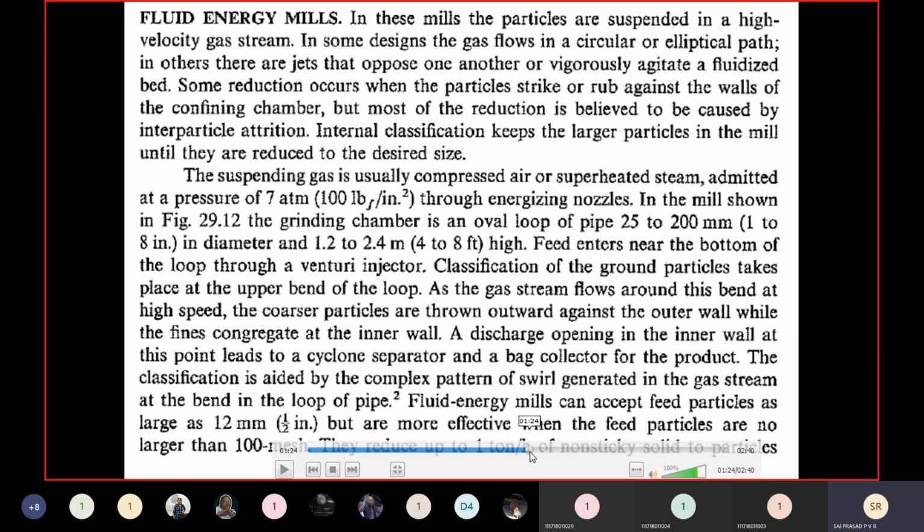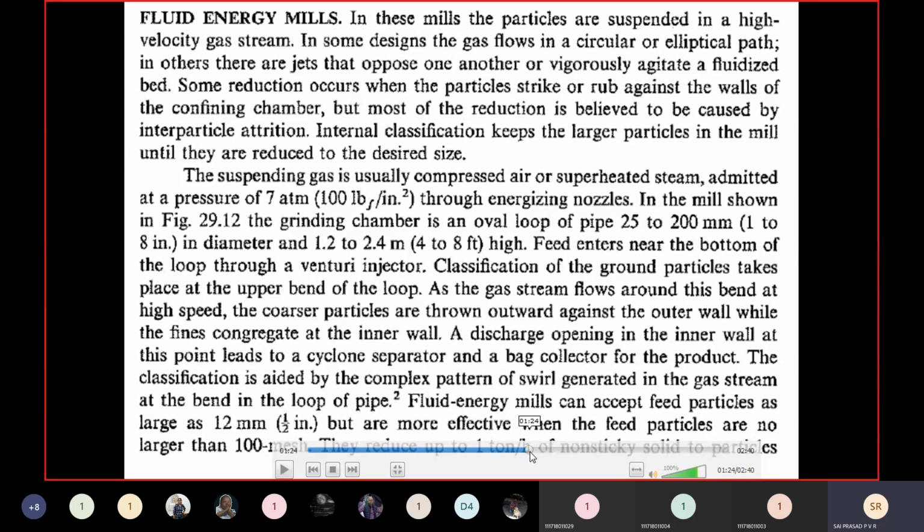A discharge opening in the inner wall at this point leads to a cyclone separator and a bag filter for the product. Now how are we going to take out the product? We will take a small line from the inner cone, where we will have smaller particles, and the air automatically throws out the small particles, but we will be getting a mixed feed.